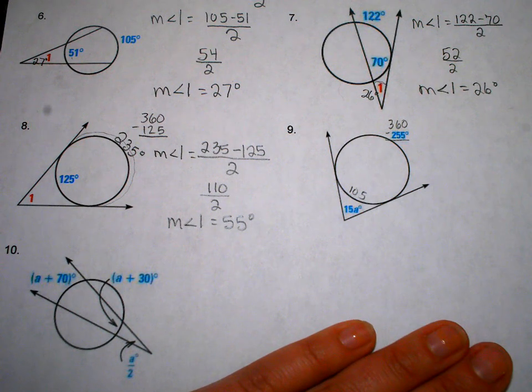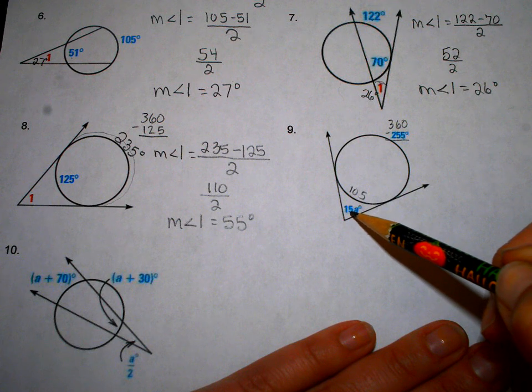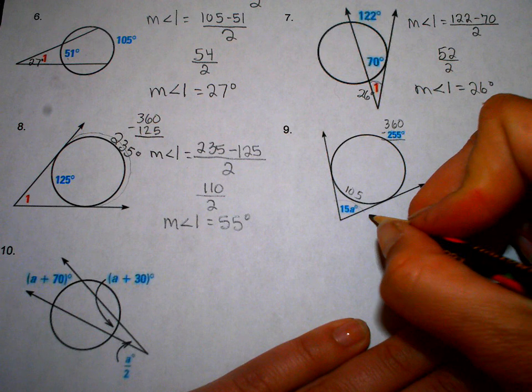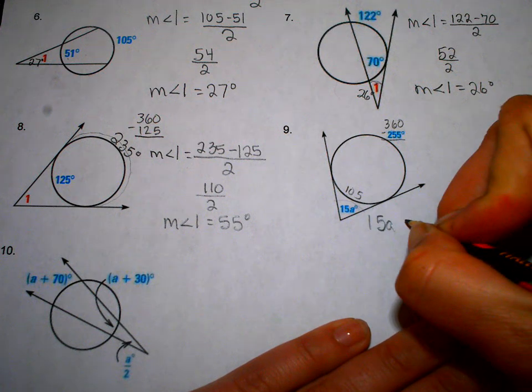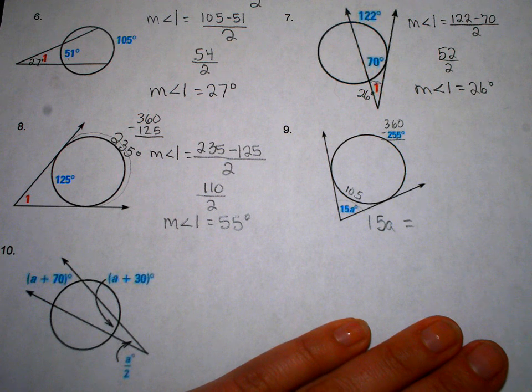So here it is, 105. This angle is called 15A. It is 255 minus 105 cut in half.